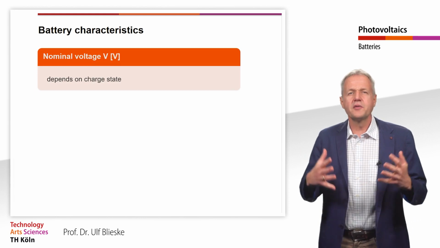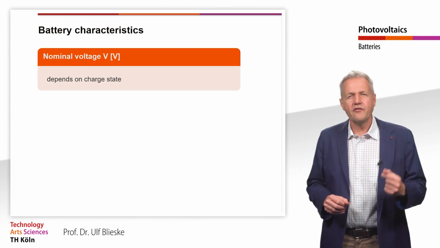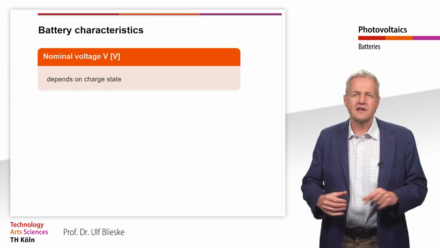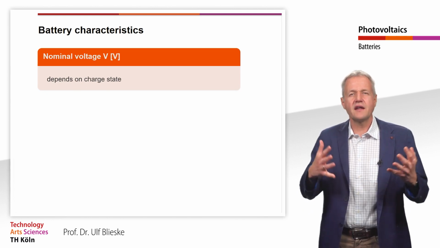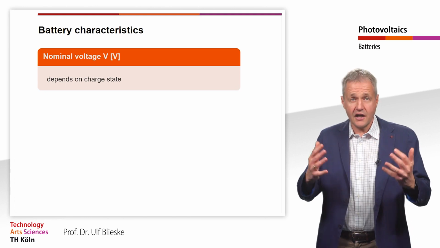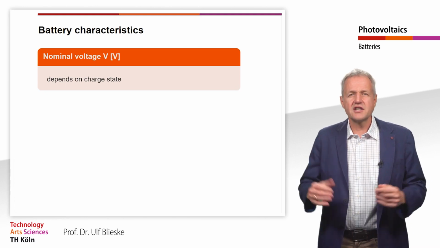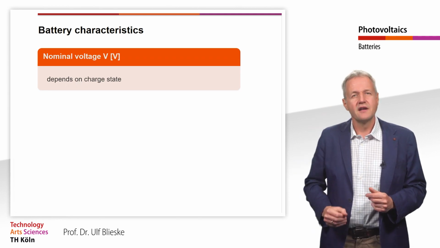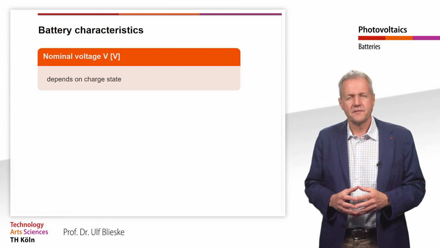A battery is basically a constant voltage source with a certain nominal voltage. Typical values for the nominal voltage are 12 volt, 24 volt or 48 volt. However, the actual voltage of the battery depends on its current state of charge. A fully charged battery usually has a slightly higher voltage than the nominal voltage.